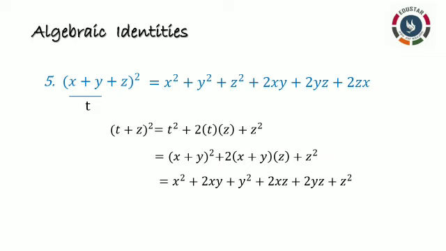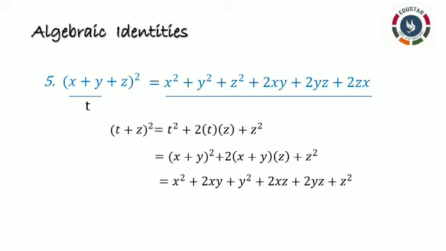Then, our next step will be x² + 2xy + y² + 2xz + 2yz + z². Now, rearrange the terms. We will get x² + y² + z² + 2xy + 2yz + 2zx. Hope you guys are clear in your fifth identity.